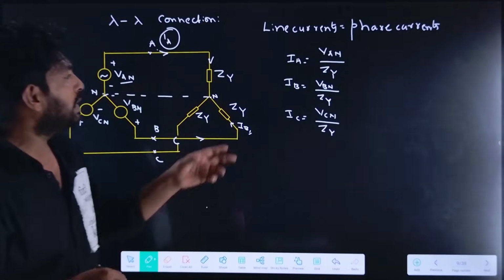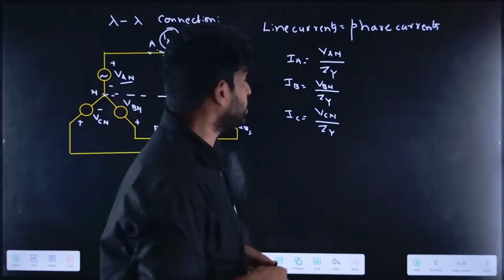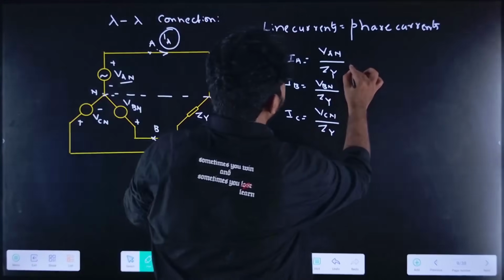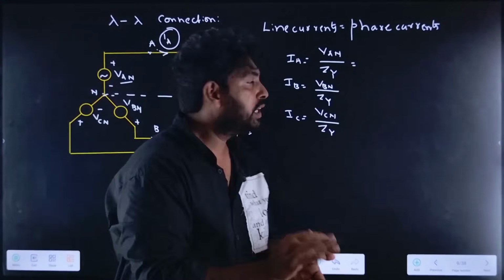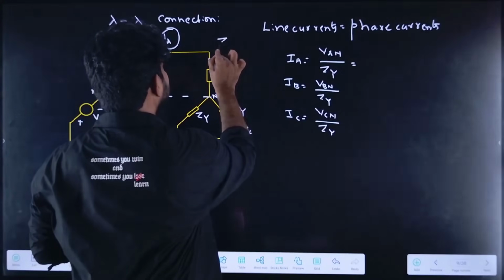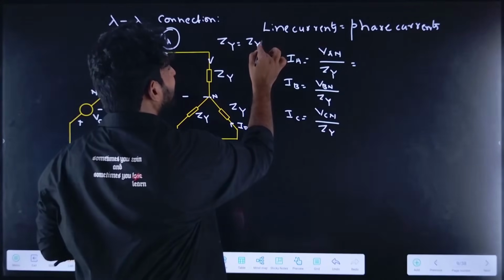Now the phase current is equal to the line current, so the line currents also get the same values. So what is VAN? Assume it is connected as an inductive load, so Z star is the magnitude ZY at an angle theta.